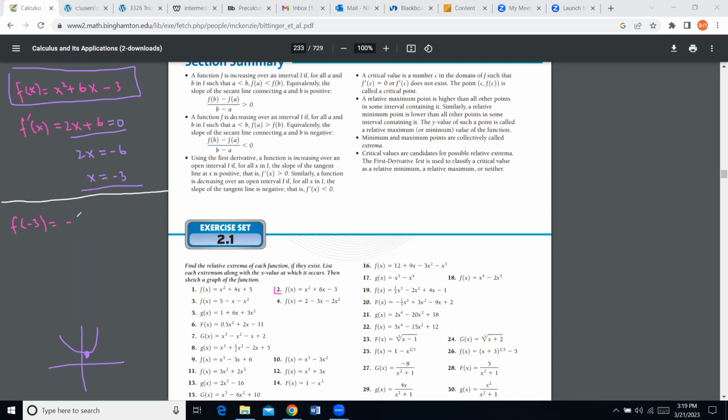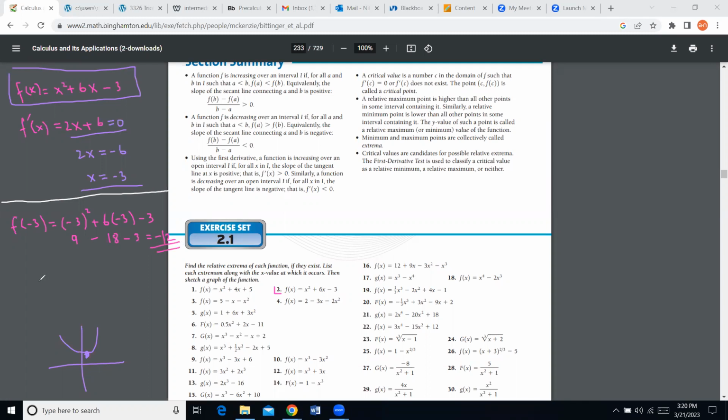So we're going to get -3 to the second power plus 6 multiplied by -3, and then subtract 3. So we're going to get 9 minus 18 minus 3, which is equal to -12.